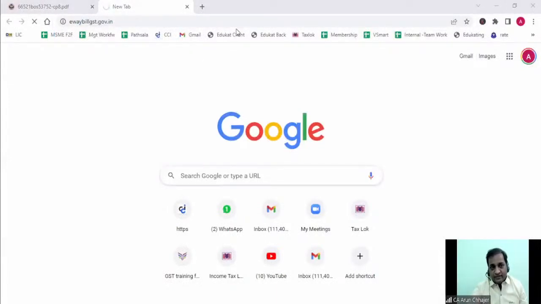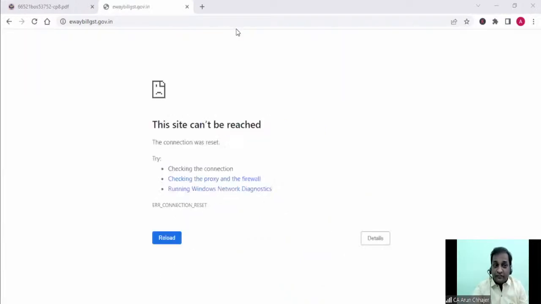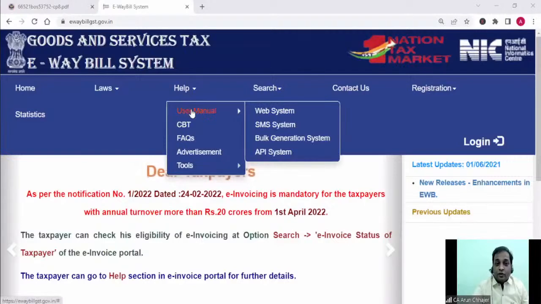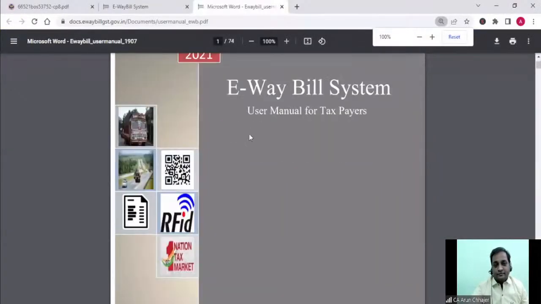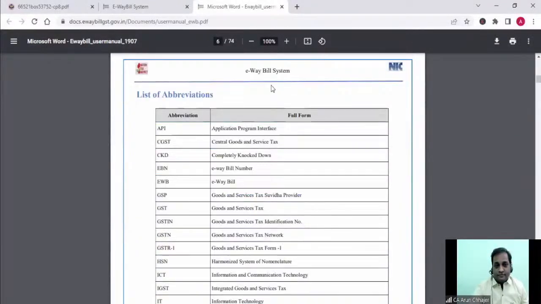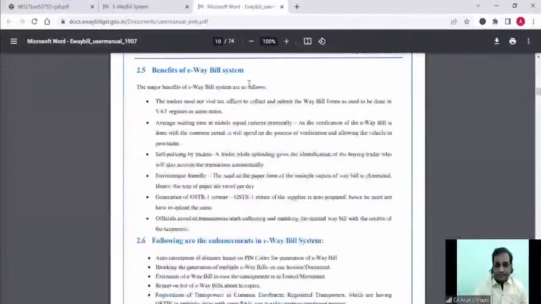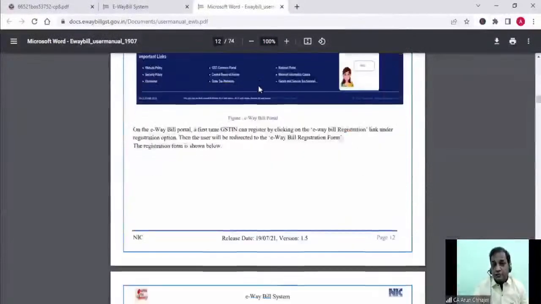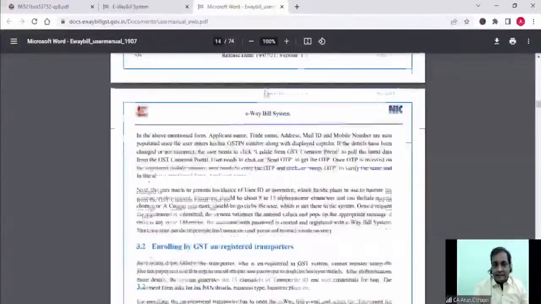Before starting the discussion, I would like to show the practical Eway Bill, how the Eway Bill looks like. So it would be easy for us to understand the theoretical provisions. This is only for your knowledge purpose, nothing to do with your examinations.